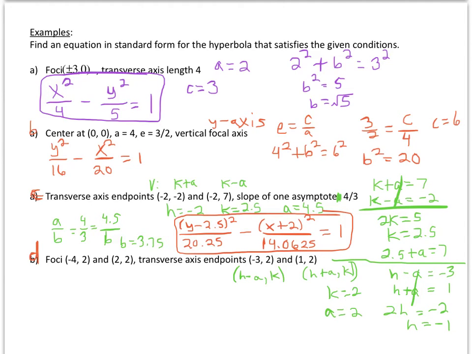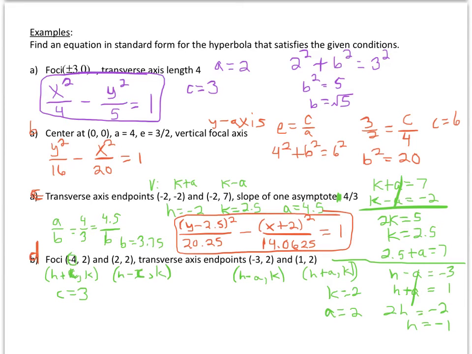Okay, so then we just need to find b, and we're going to do that because they told us about the foci. So the foci are h plus c, k and h minus c, k. And so we already know that h is -1, which means that c has to be 3.